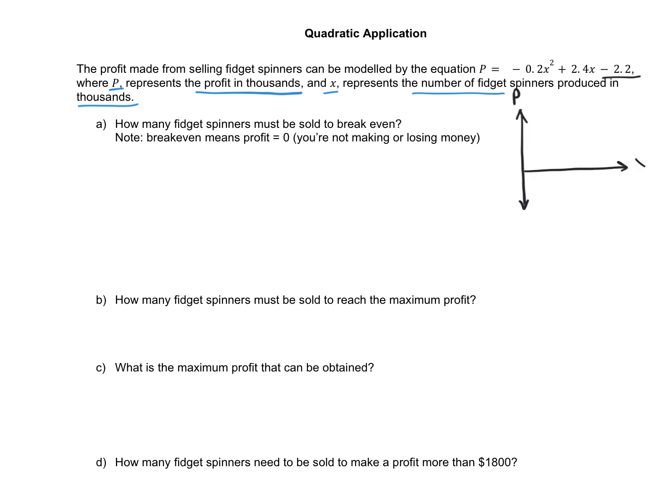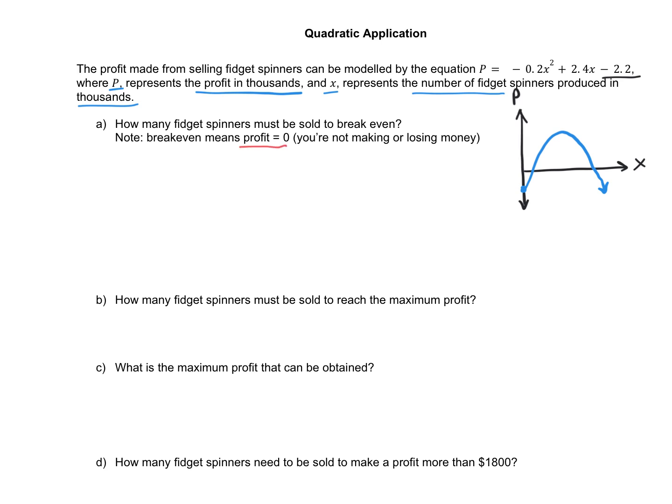So I'm just going to put a little x and p axis. I'm going to draw my y-intercept below the origin, and then here's my parabola opening down. There's my scenario here. I'm not going to put anything in the negative x's because it doesn't make sense to sell a negative number of fidget spinners. It's not an accurate sketch, but it's going to guide me through the follow-up questions.